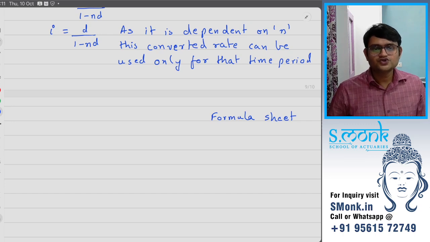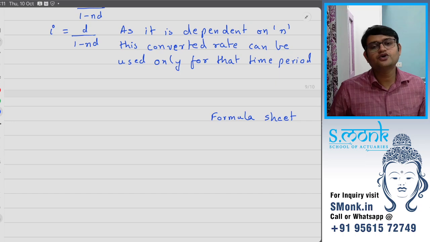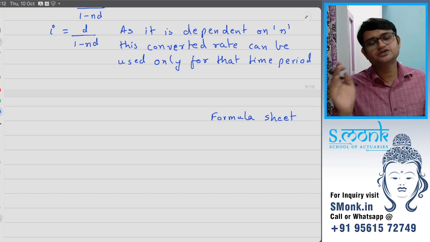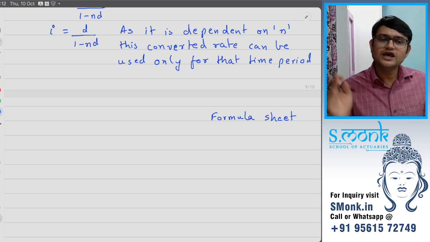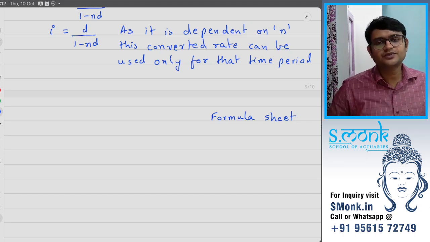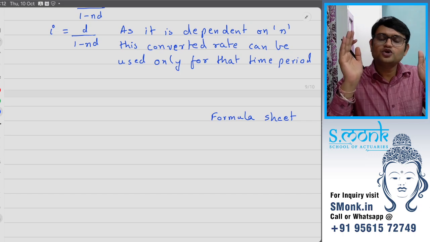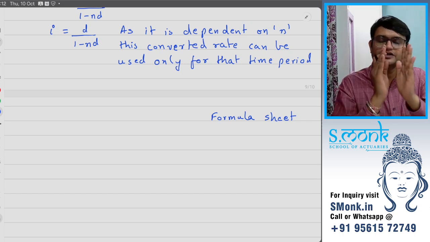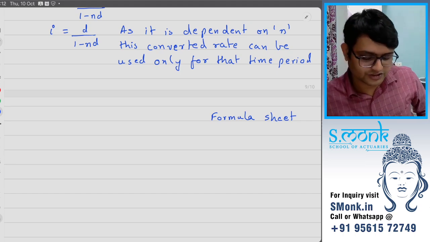Then recreate the formula sheets for those chapters. Then again, for the next 5 chapters, you will make a formula sheet. Then after 5 chapters, you will come back again and revise those 5 chapters as well, so that your formula sheet now becomes smaller and smaller, compressed formula sheets.